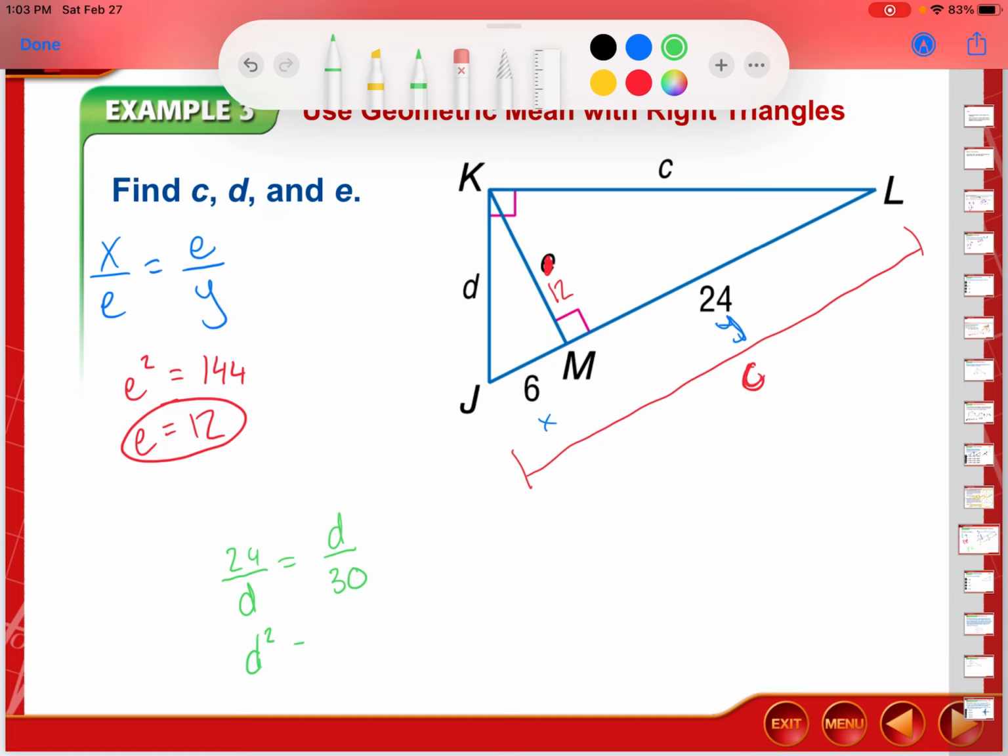So d squared is going to equal 30 times 24, and so the square root of 30 times 24 is going to equal d. I need to do 30 times 24 in my calculator, then take the square root of that, which would be 26.8. We're just going to round. So d equals 26.8.